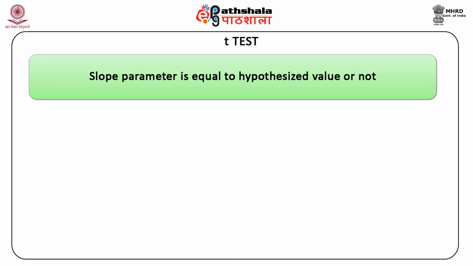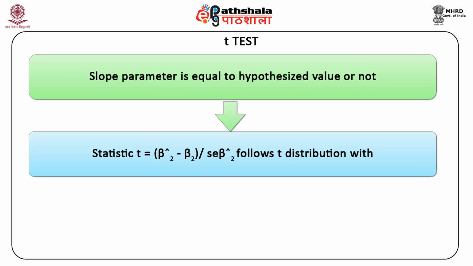Suppose the true beta 2 is specified in the null hypothesis. Now we know that the statistic t is equal to (beta hat 2 minus beta 2) divided by SE beta hat 2, which follows the t distribution with n minus 2 degrees of freedom.